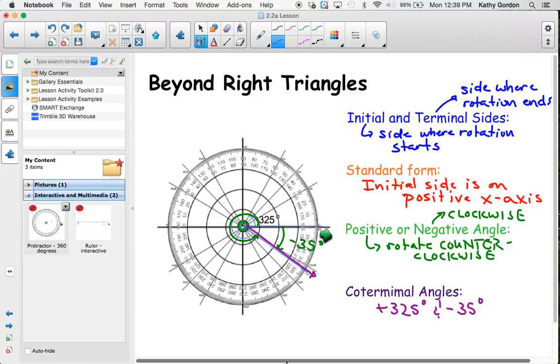No. Could I go around several times and end up in that same spot? Yes. So what would be another possible coterminal angle if we follow that logic? What if I didn't stop here the first time around? What if instead I happen to stop there the second time around? Then actually, what angle is that?